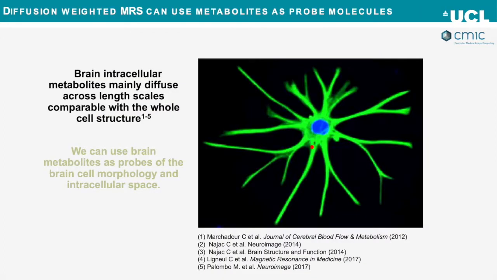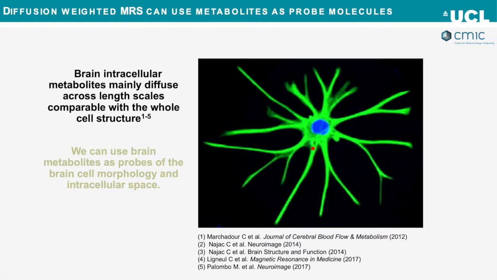So first of all, a few studies have provided evidence that brain metabolites are mostly free to diffuse within the intracellular space rather than being confined within subcellular structures such as organelles.